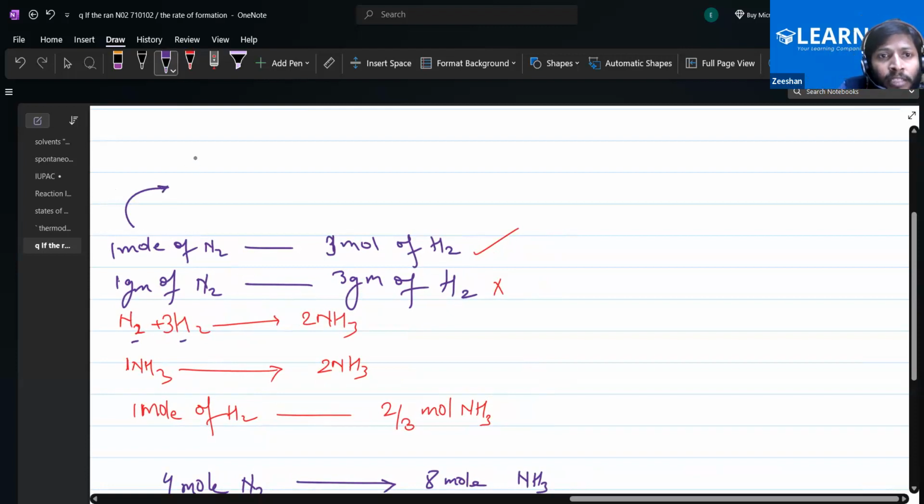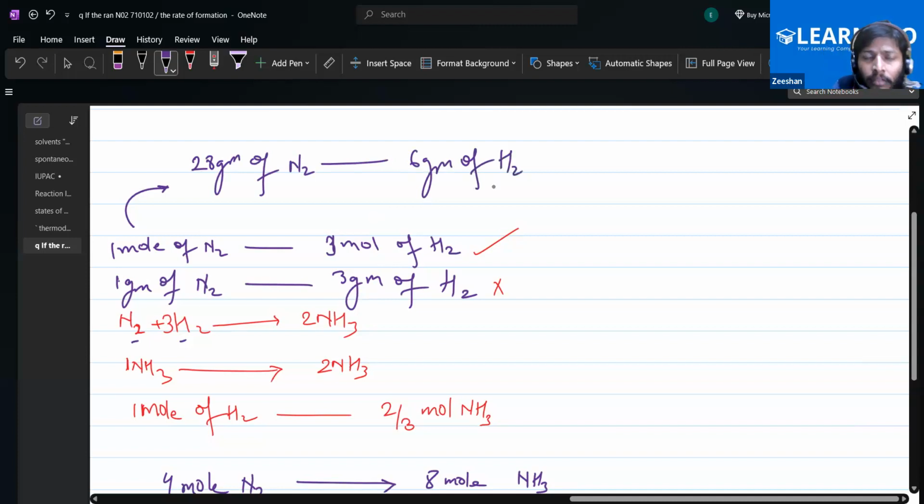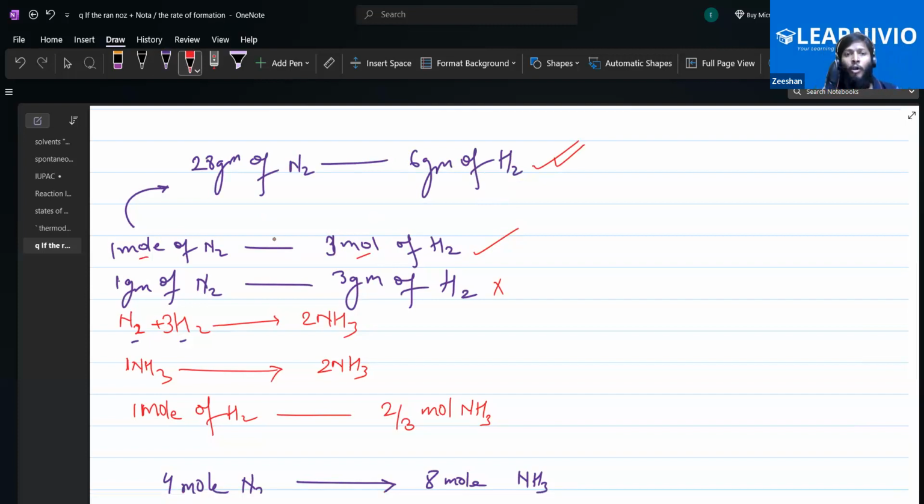So 1 mole of nitrogen means 1 mole of N2, how much gram? 28 gram, right? 28 gram of nitrogen is reacting with 3 mole of H2. H2 mass is 2, 2 threes are 6, so 6 gram of hydrogen, right? So this statement is fully correct, because we have deduced it from this mole relation. So 28 gram of nitrogen is reacting with 6 gram of hydrogen.